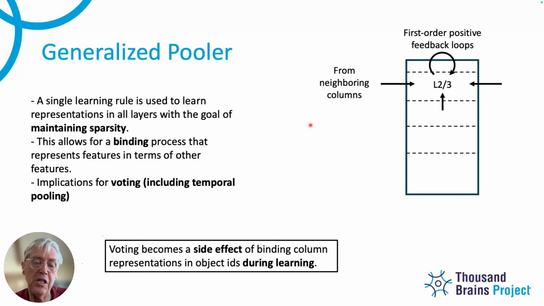Remember, Mountcastle actually said the unit of replication in the cortex is not the cortical column. He said it was the mini column, and that mini columns are grouped together in columns and work together in a column. But his language was that the unit of replication, the unit of function, is a mini column. So that's confusing too.